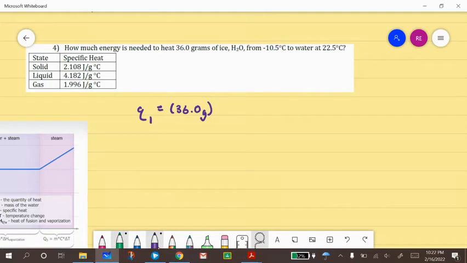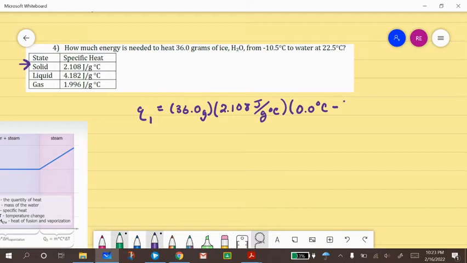And since we are looking at something that's a solid, we're going to use the 2.108 joules per gram degrees Celsius. And we're putting heat into it, so you should think ahead that this is probably going to be endothermic. But if we think about our temperature, our final temperature we want is 0 degrees Celsius.